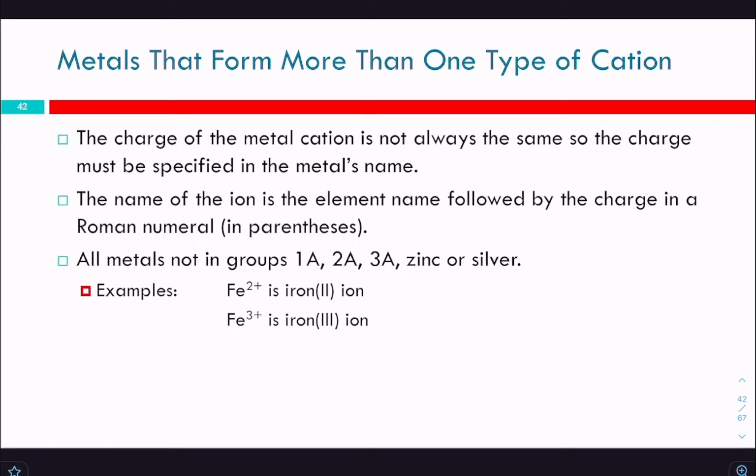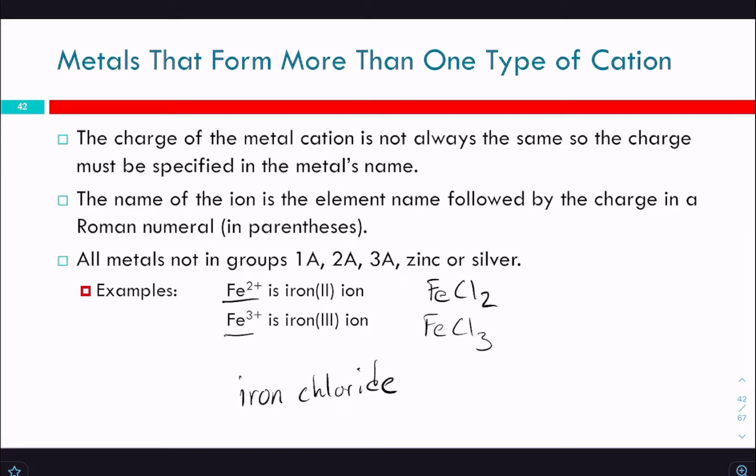So if you have a compound with iron 2, we'll just use iron chloride, it'd be FeCl2. But if you have iron 3, this would be FeCl3, because each of those chlorines has a 1 minus charge. So you'd get a different compound. So you can't just write iron chloride. You have to indicate what the charge is, because it could be multiple compounds.